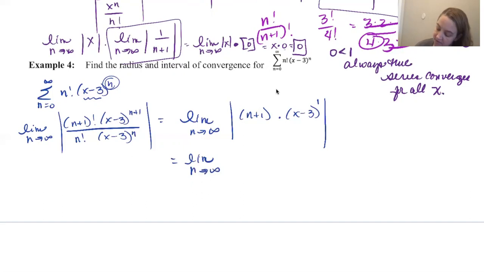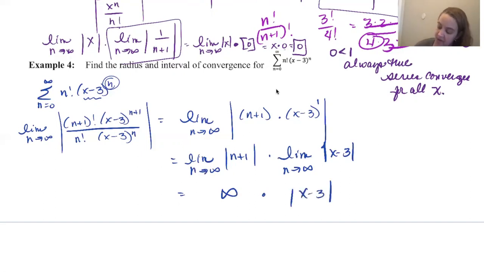The limit as n approaches infinity of n plus 1 times the limit as n approaches infinity of x minus 3. So for n, well, this is left with infinity. In the second piece, there is no place to substitute that infinity because there are no n's. So this is x minus 3. I just got infinity, right? So infinity times x minus 3, this is infinity. This diverges.